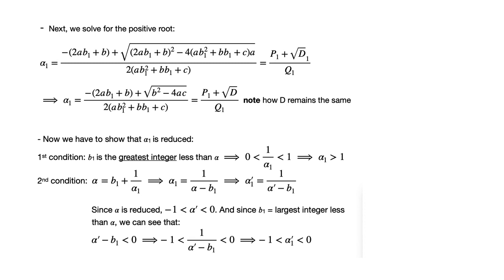And if we take the conjugate of alpha 1, we can see that it is equal to 1 over alpha dash minus b1. And since alpha is reduced, its conjugate is between minus 1 and 0. And since b1 is the largest integer less than alpha, we can see that alpha 1 dash is between minus 1 and 0.